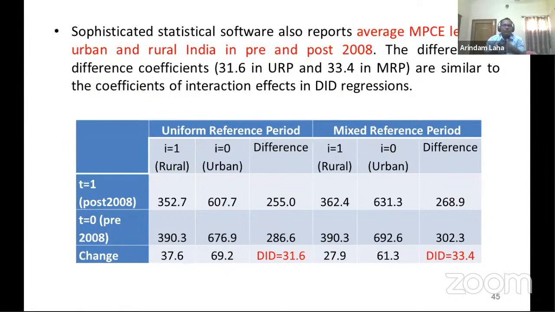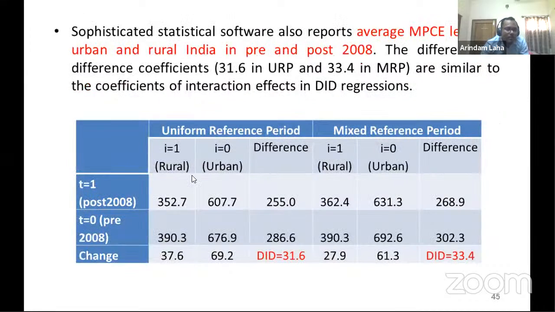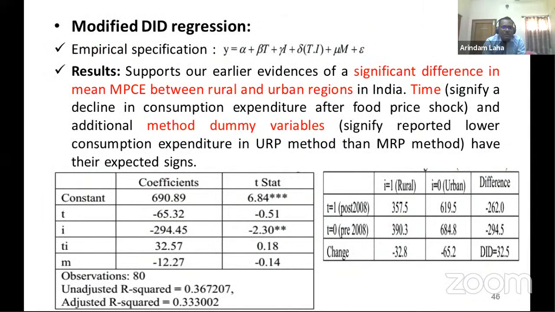What is the problem? In fact, when I submitted this paper, the reviewers gave me some suggestions. In particular, they had a reservation on the number of observations. Here in our study, we have 40 observations for the uniform difference period and 40 observations for the mixed difference period, but it is too small to have a robust result.